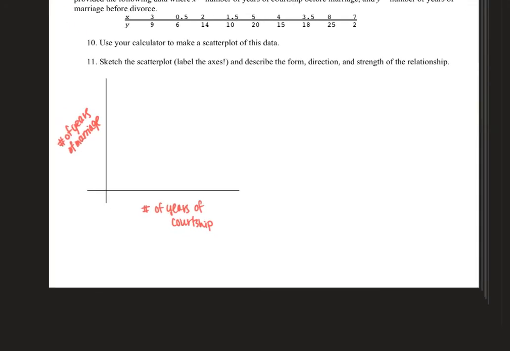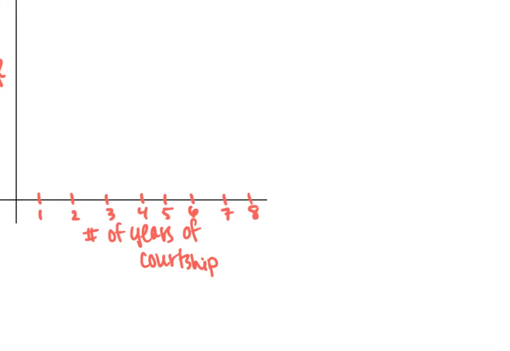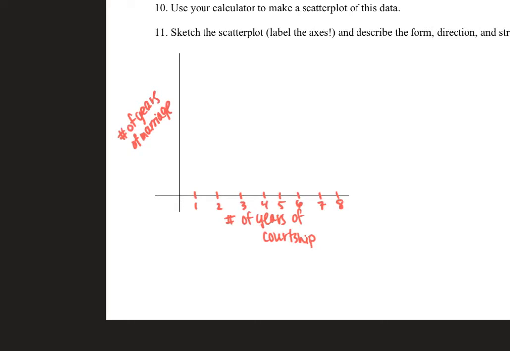Sketching our graph, we have 1, 2, 3, 4, 5, 6, 7, 8. And then I'm going to do the y-axis by fives: 5, 10, 15, 20, 25, 30.